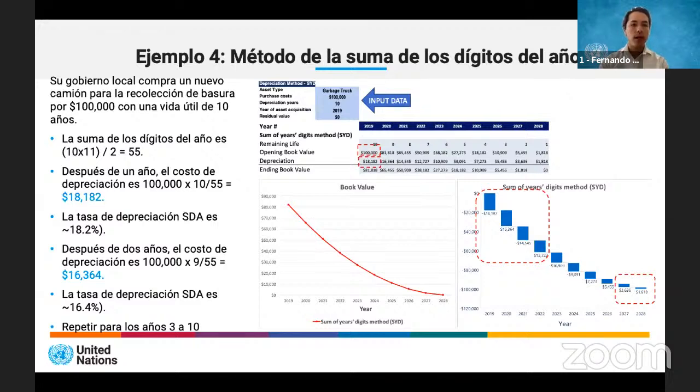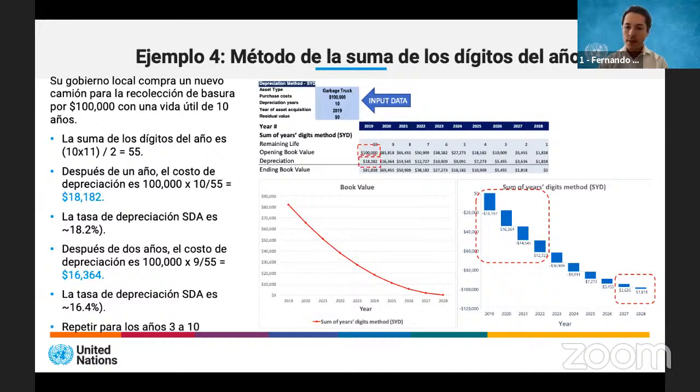Este método que acaba de comentar Vladimir, la suma de los dígitos de los años, ¿para qué tipos de activos de infraestructura es más apropiado para calcular la depreciación? Can we share some of the answers, please?